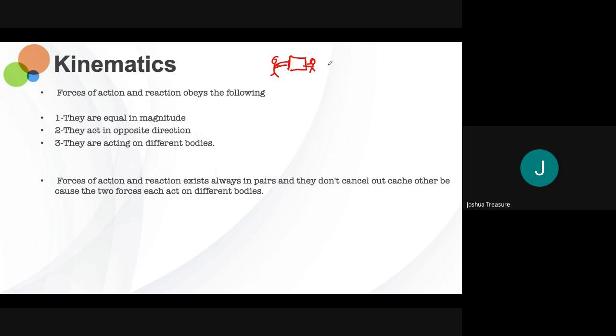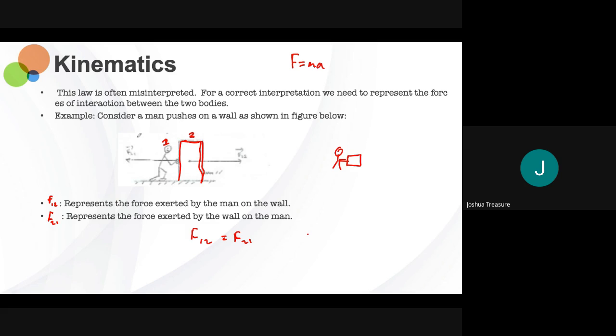But they're not acting on the same body here, right? In this particular exercise, these two forces are not acting on the same body, they're acting on different bodies. So therefore, you cannot say that they cancel out each other. It's just an action and reaction. That's how we have to look at it.